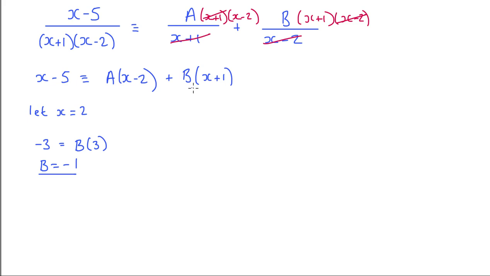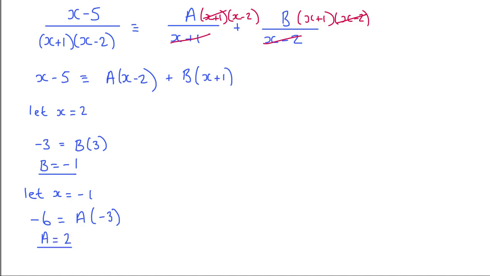If we do a similar thing to get rid of b, in this case we're going to let x equal negative 1, that will give us negative 6 on the left hand side. The b term will disappear and we'll just have a lots of negative 1 take away 2, so negative 3, which means that a must have been 2.